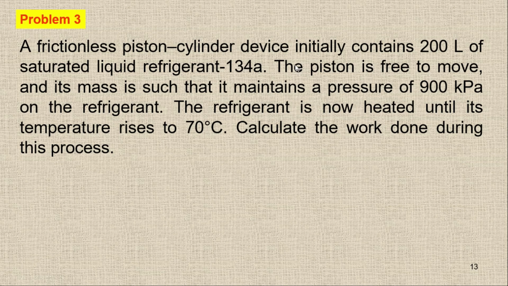Now, the piston is free to move, and its mass is such that it maintains a pressure of 900 kilopascal. So it means the pressure is constant, like the previous question. The refrigerant is now heated until the temperature rises to 70 degrees Celsius, and you have to find the work done during this process.